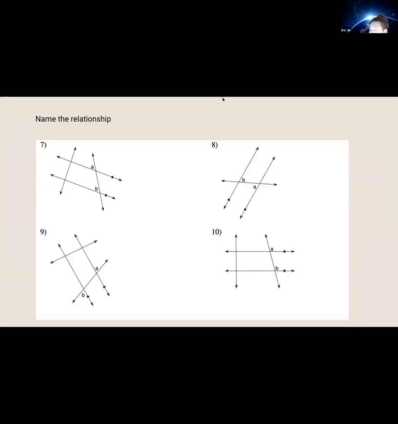And for number 9, these angles are on the different side of the line intersecting the parallel lines, which makes them, I believe, alternate exterior angles. Still, they have the same angle measurement.